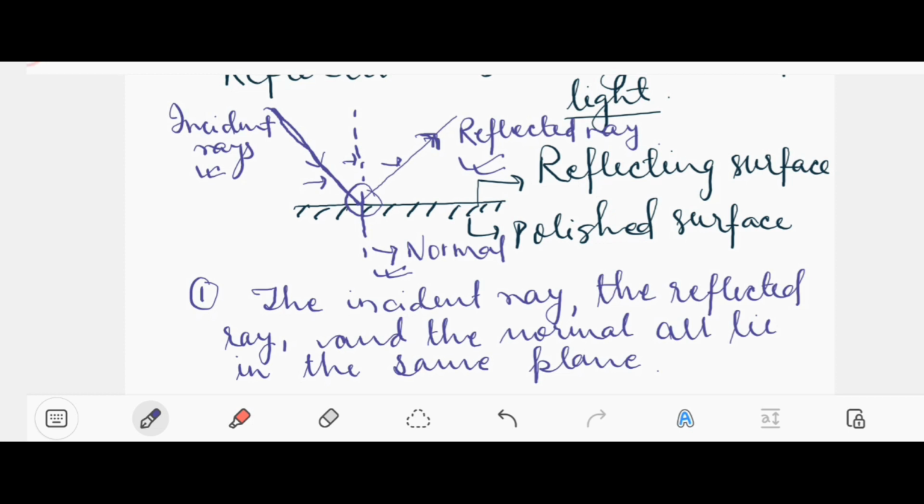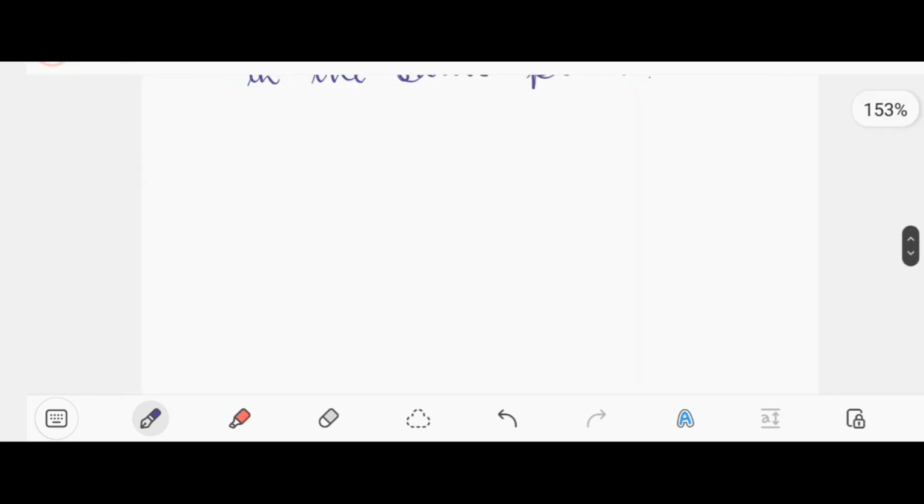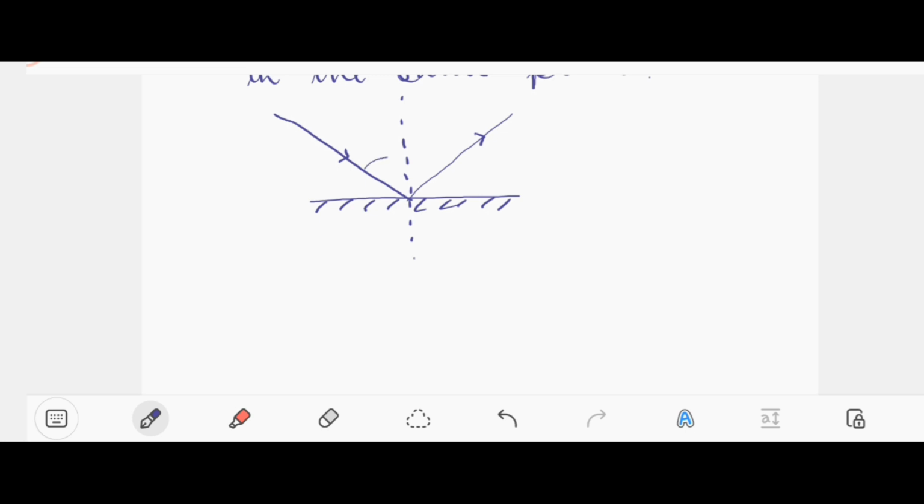Now what will be the second law? Let us consider the same figure: this is the incident ray, this is the reflected ray, and this is the normal. Students, the angle formed between the incident ray and the normal is called the angle of incidence, and the angle formed between the reflected ray and the normal is called the angle of reflection.